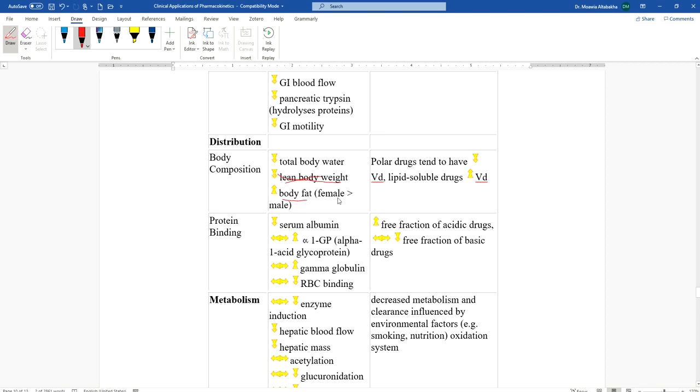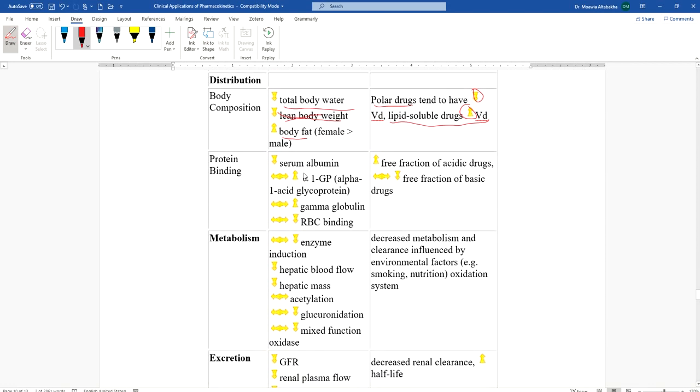The body fat increases, and for female it's usually higher than male. عشان هيك, because body fat increases, بنلاقي إنه lipid soluble drugs volume of distribution increases. بينما الpolar drugs, which depends on the water and on the lean body, بنلاقي صار في هناك usually decrease في distribution.